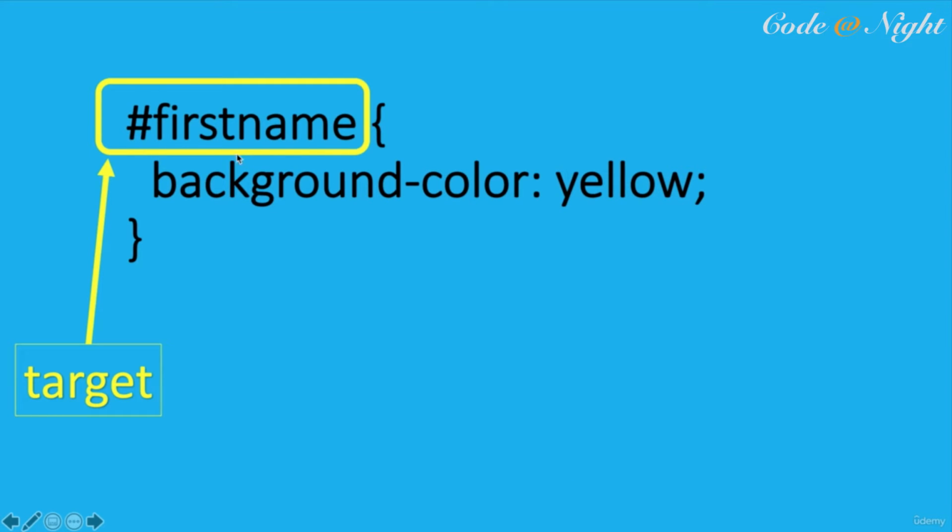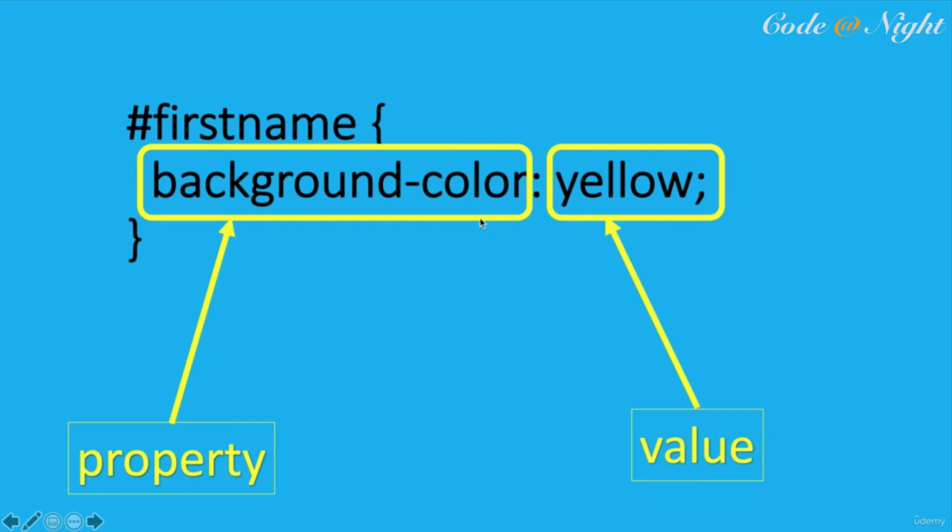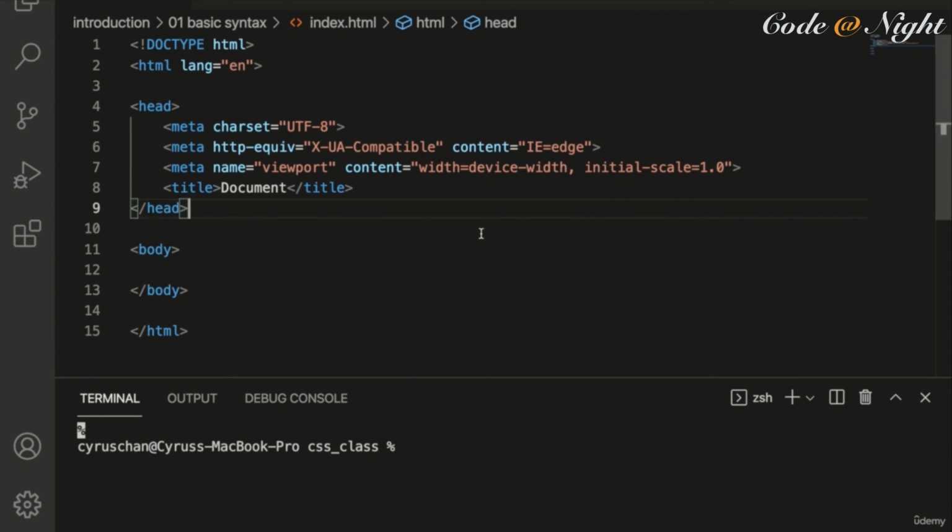Sometimes this is a class, sometimes this is an ID, and sometimes this is a tag name, and we will talk about it later. And then we use the declaration to style the element. So the whole sentence is the declaration, and the left side is the property, and the right side is the value. And we can take a look at these simple examples.